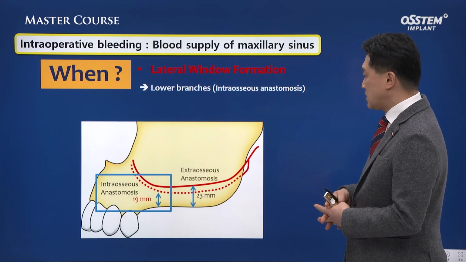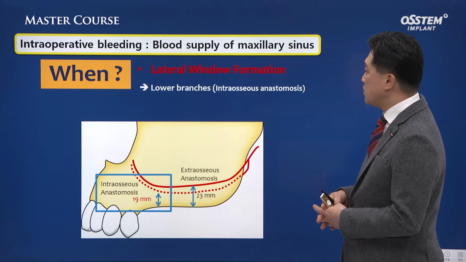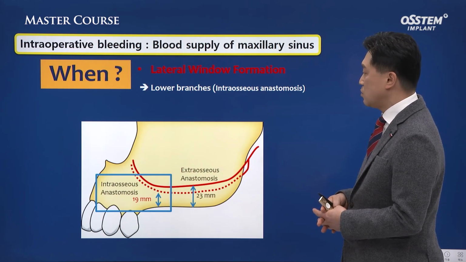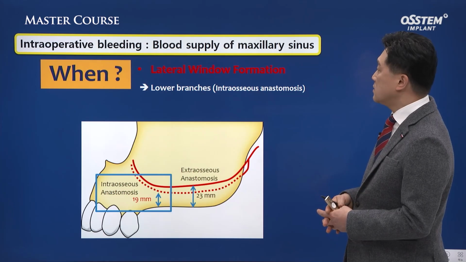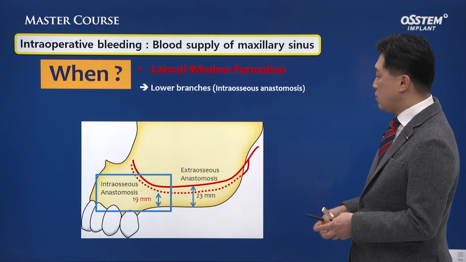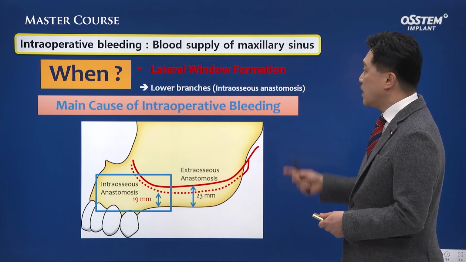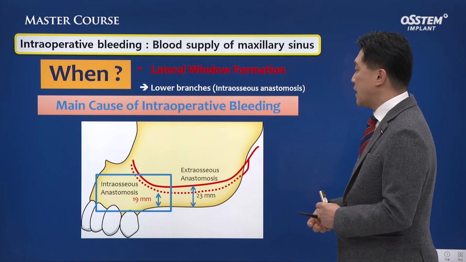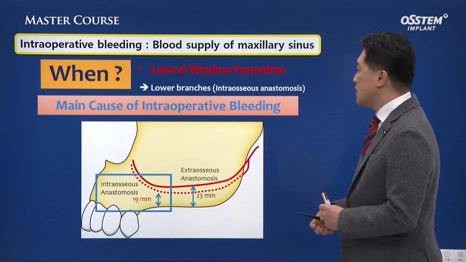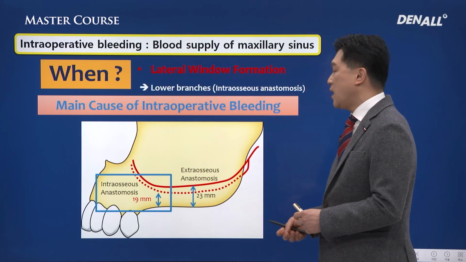I am reminding you that intraosseous anastomosis artery can be damaged quite frequently, and damages occur most frequently when lateral windows are formed. And this is the primary cause of intraoperative bleeding.